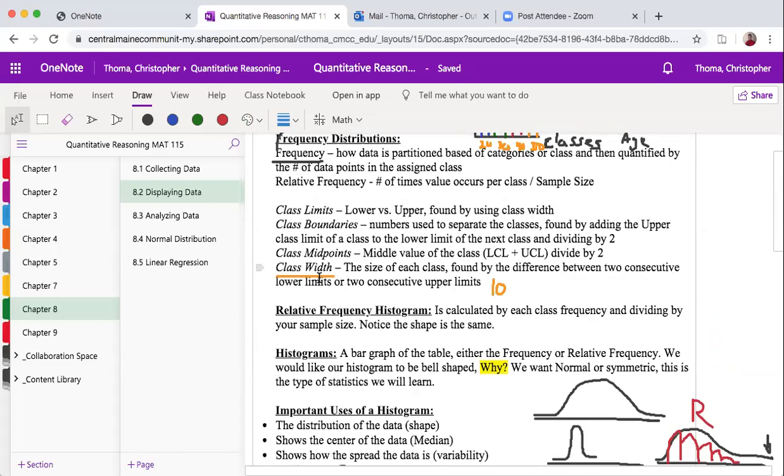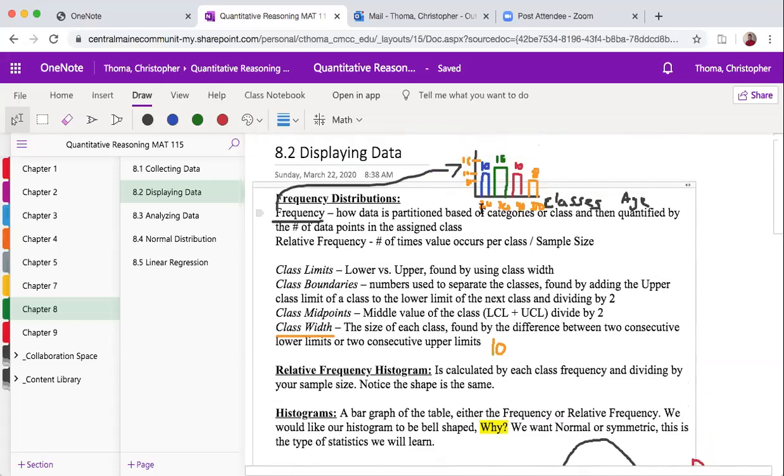And there are formulas out there that help you pick the right class width, but sometimes it just makes sense, right? I don't need to do a formula because we know age groups. We know someone who's in their 20s, right? If you're in your 20s, ages 20 to 29, then that is it. So I don't have to do a math formula to see that class width. If I'm looking at the seasons of a year, we know there's 4 seasons in a year, and there's 12 months in a year.